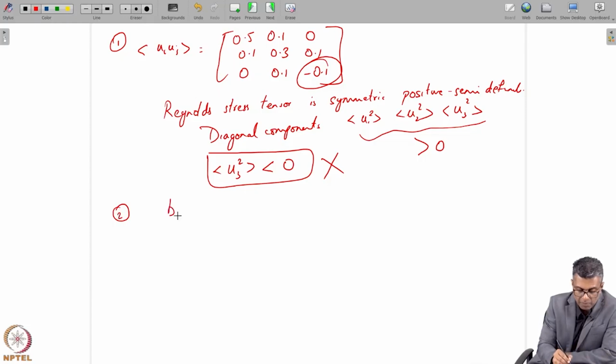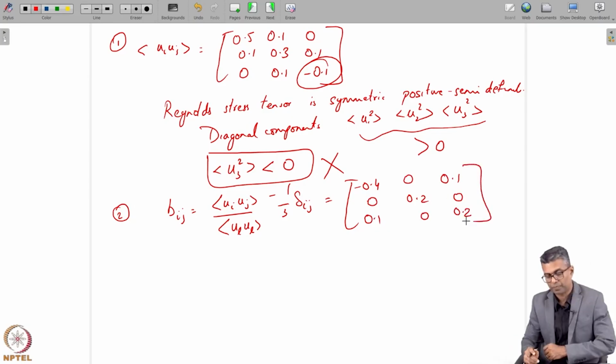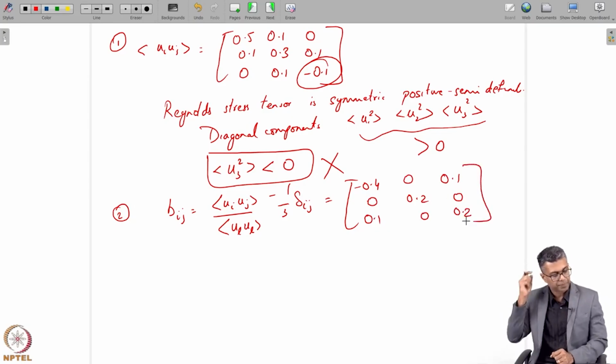Let's look at the second one. What is given is b_ij equal to u_i u_j divided by u_l u_l, dummy index, minus 1/3 delta_ij, and this is equal to minus 0.4, 0.1, 0.20 and 0.1, 0 and 0.2. That is what is given here.